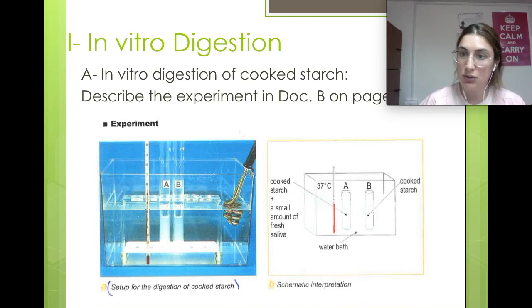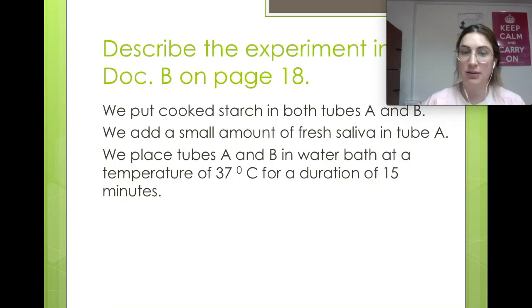And if we continue reading under the documents A and B, we can see that these two tubes were placed for 15 minutes. So, if I want to write my description: put cooked starch in both tubes A and B, add a small amount of fresh saliva in tube A, place the tubes in a water bath, temperature 37 degrees Celsius, for a duration of 15 minutes.